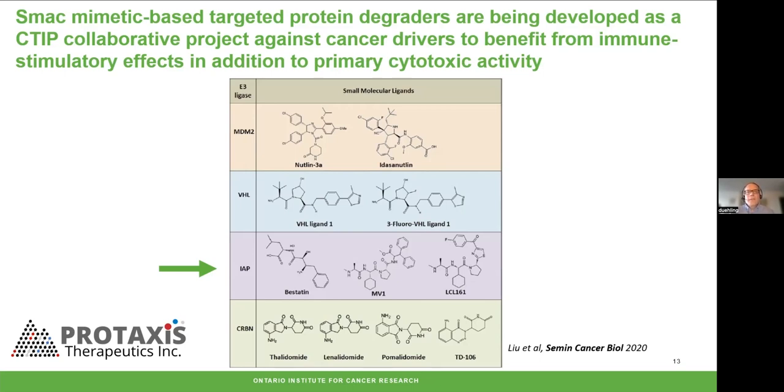It's a very hot space right now, the area of PROTACs, where one not only inhibits a protein, but degrades the protein of interest. By taking a modular approach and attaching IAP ligands to ligands which bring in ubiquitin ligases, we can target a wide number of proteins of interest. And so we're very excited to be a part of this collaboration with Protaxis Therapeutics.